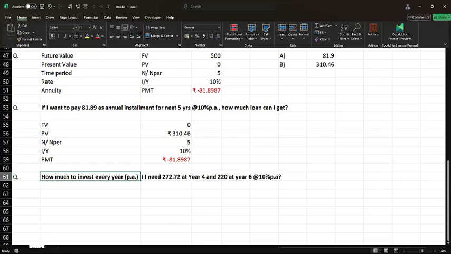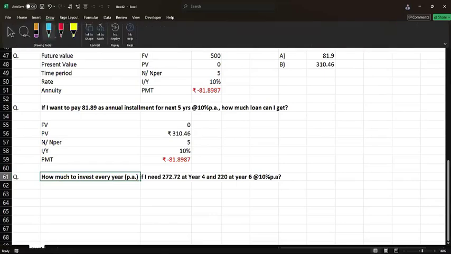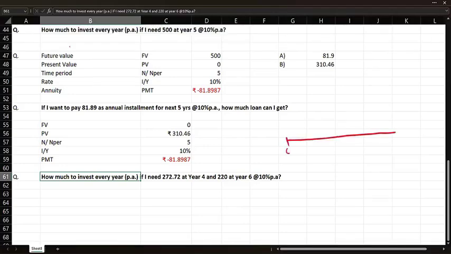So what we are doing is, we are at 0 today, then 1, 2, 3, 4, 5, 6. At the end of the 4th year, I will be getting 272.72. At the end of the 6th year, I want 220. So now the question is how much I will be investing.